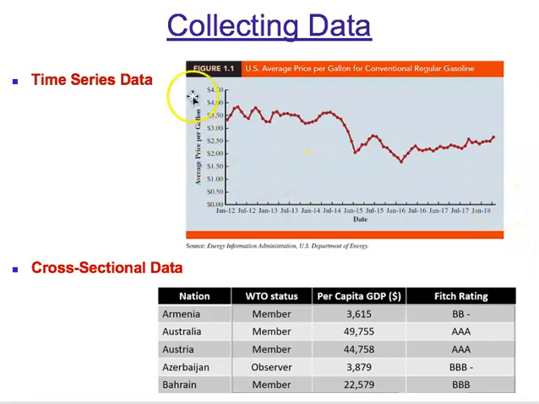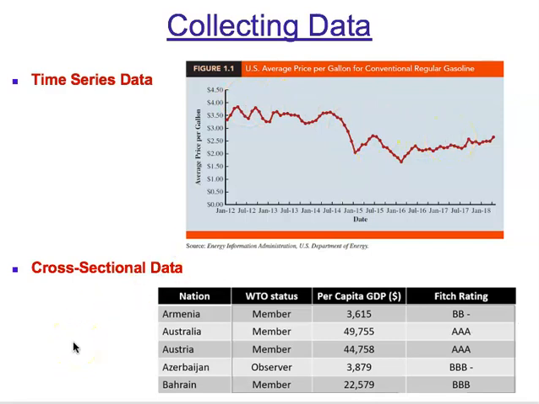You can see on the vertical axis the average price per gallon. Time series data is very intuitive because we like to think about changes that occur over time. So this very quickly illustrates that the price of gas, at least over this time frame, has trended downward.